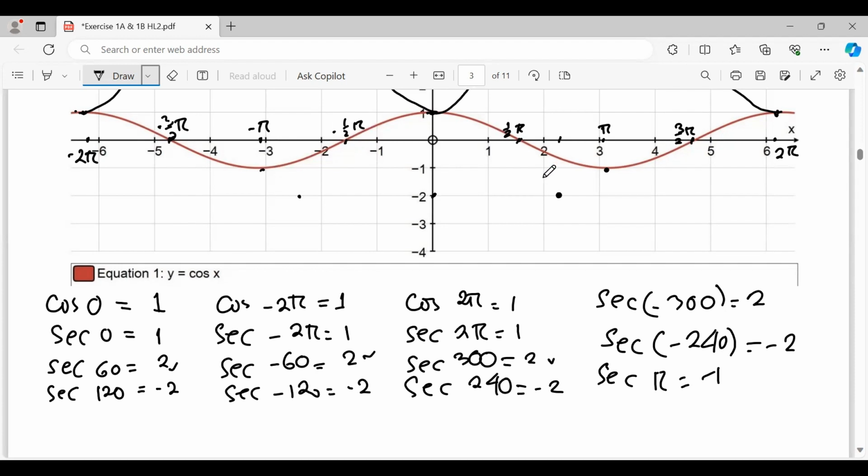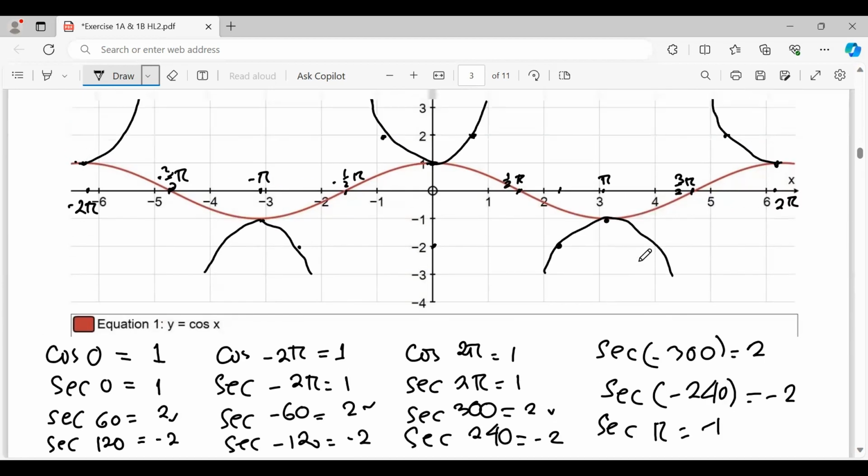So the maximum of cosine x being the minimum of secant x. The minimum of cosine x being the maximum of secant x. So it will be like this, the graph. We sketch. Like this, right?